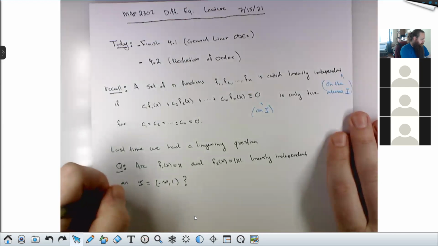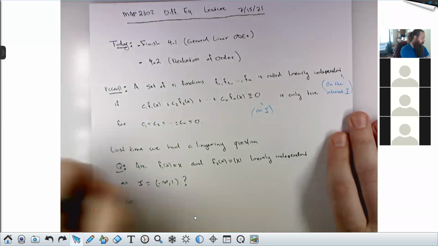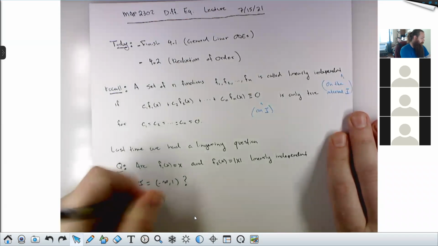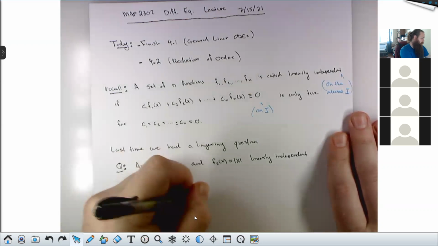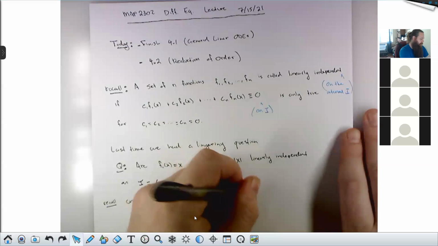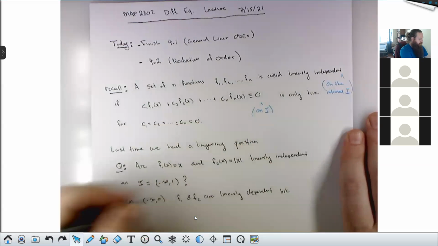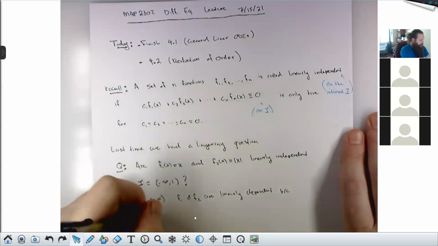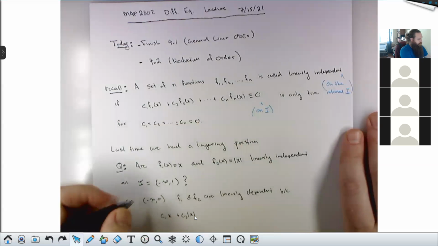So what Maxwell said, again, recall, on negative infinity to 0, f1 and f2 are linearly dependent because on negative infinity to 0, you could take c1 times x plus c2 times absolute value of x.